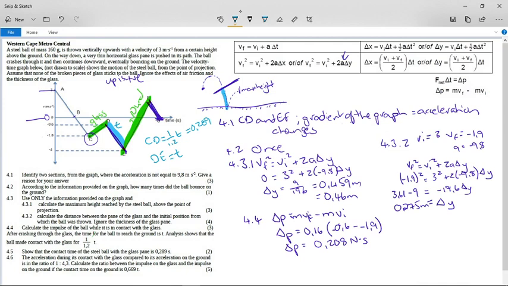So what you must do is when you get to 4.6, use this information to work out the value of t, because they've just told you that the ball made contact with the glass for 1/12 t, and the contact time of the steel ball is 0,289 seconds. So this means 0,289 is actually 1/12 t. So this is just algebra. You can actually work out t from this, but we want to end up proving this.